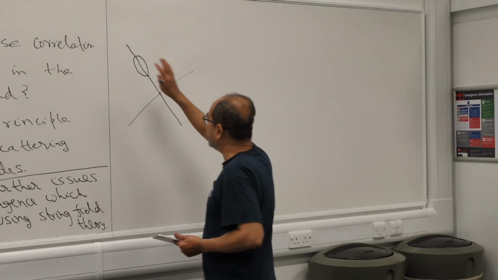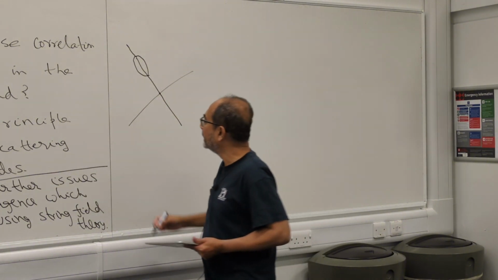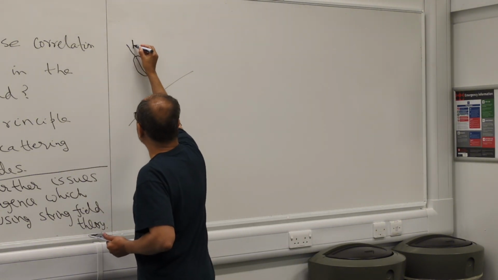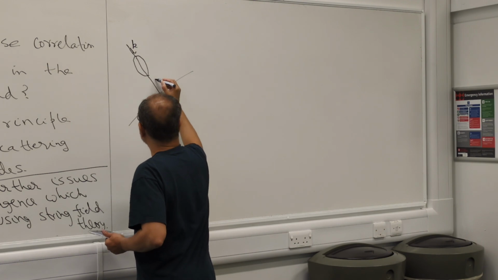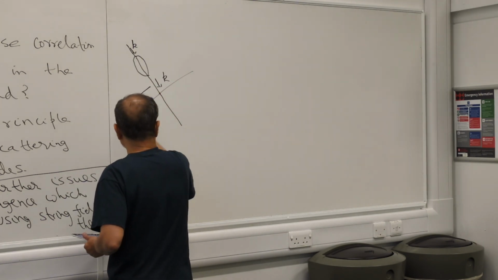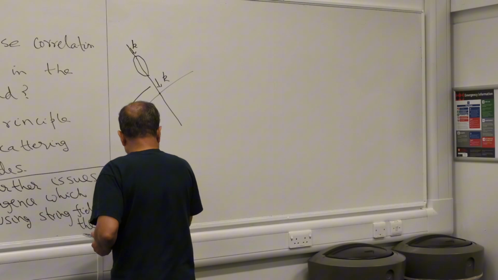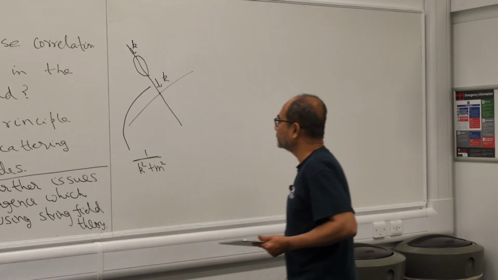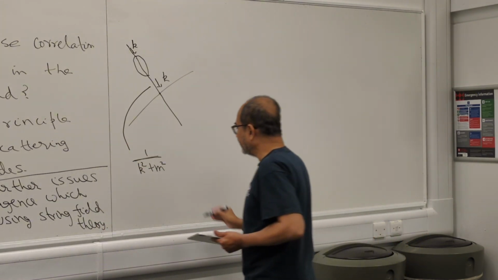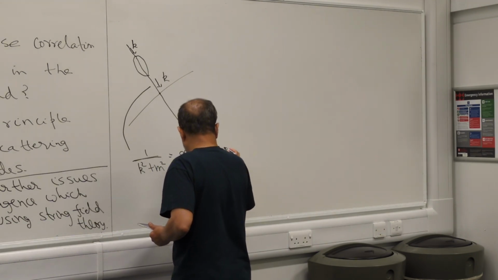If you just naively try to evaluate this using the Feynman rules, you have momentum k here, and the same momentum k flows here. So this propagator gives you 1 over k square plus m square, and this is of course infinity on shell for on shell external states.